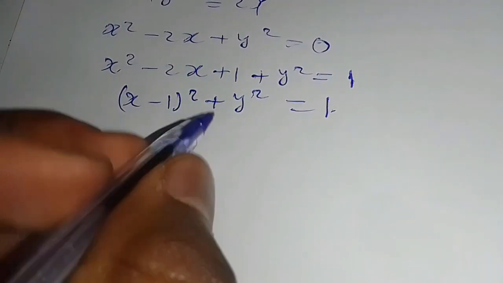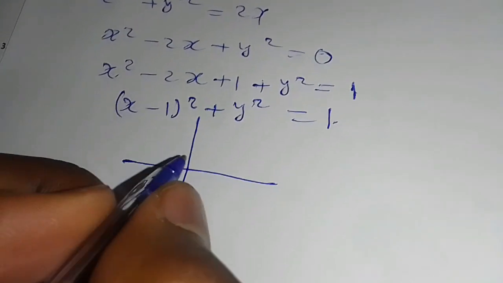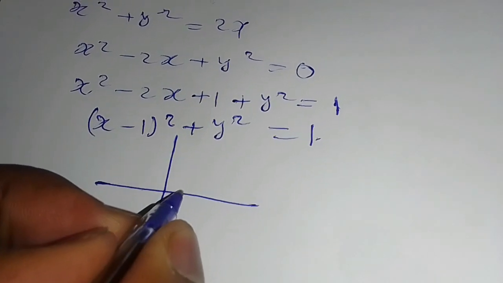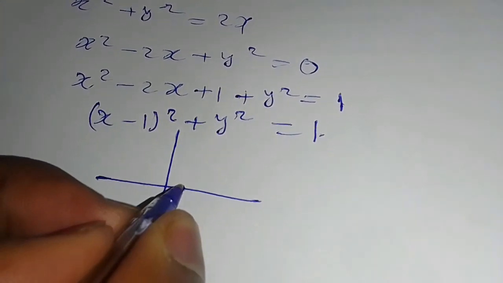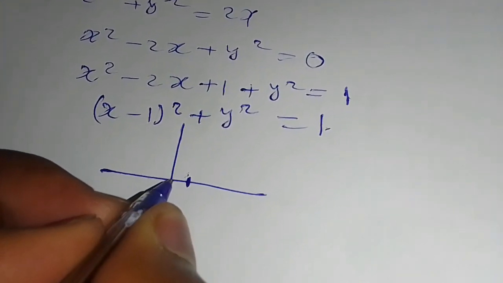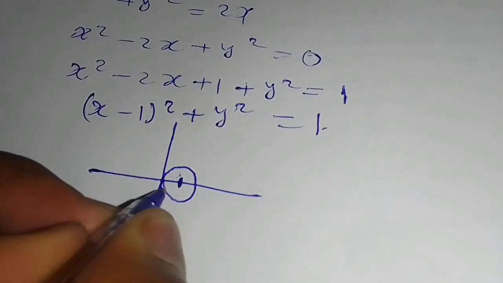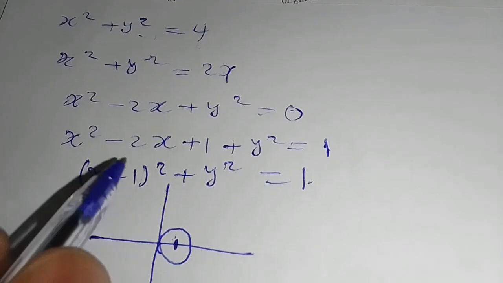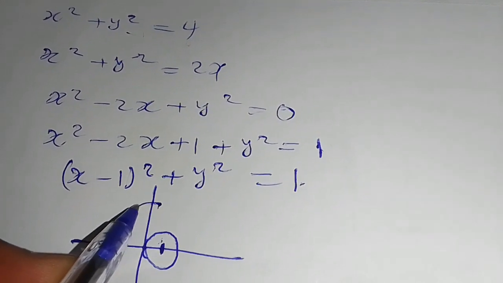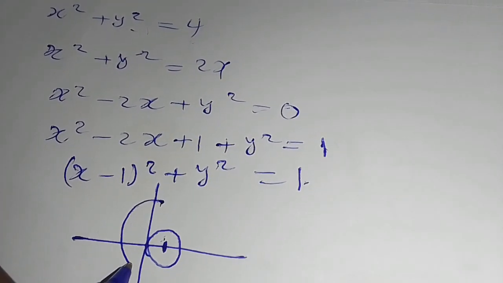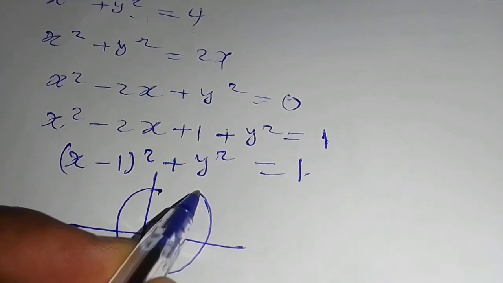My sketches aren't really that great, but you have a circle centered at 1, 0. That's the center of that, and you basically have something like this. And then you have another circle of radius 2 centered at the origin. It's going to be something like this.